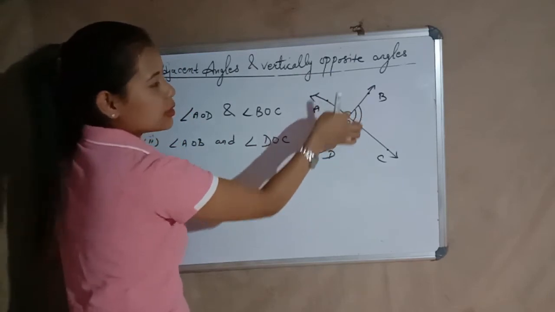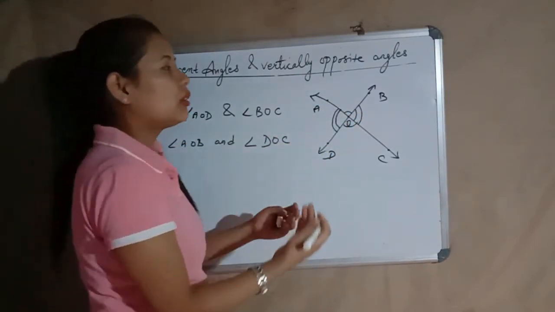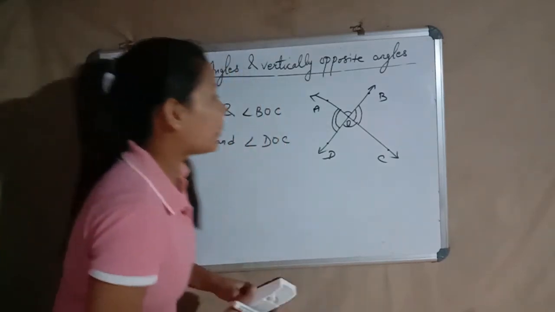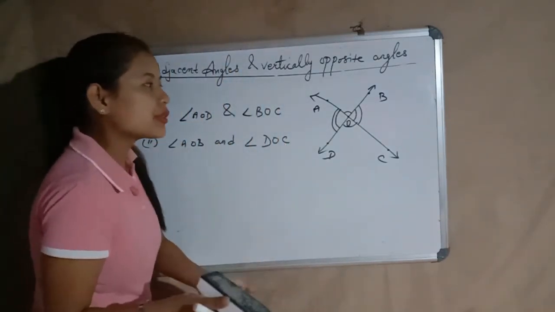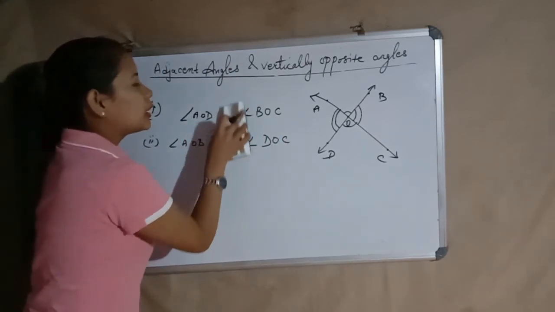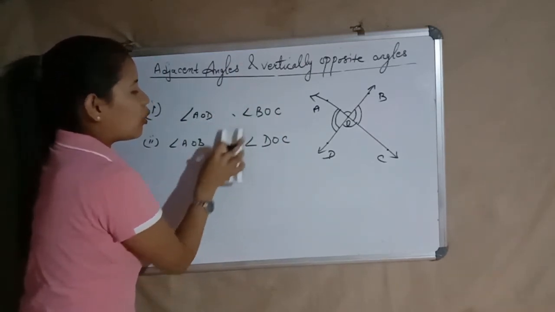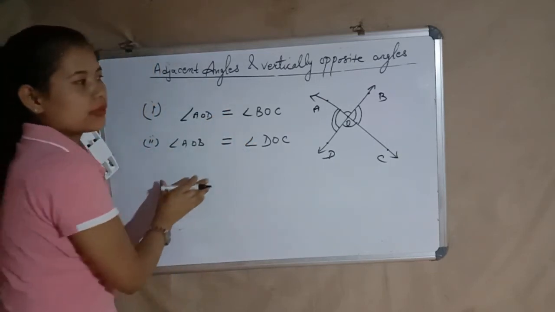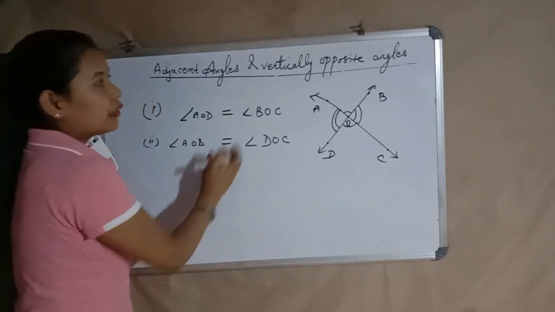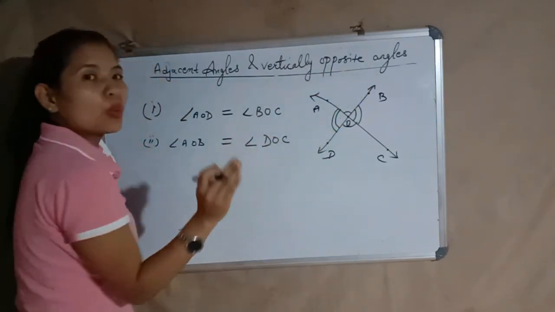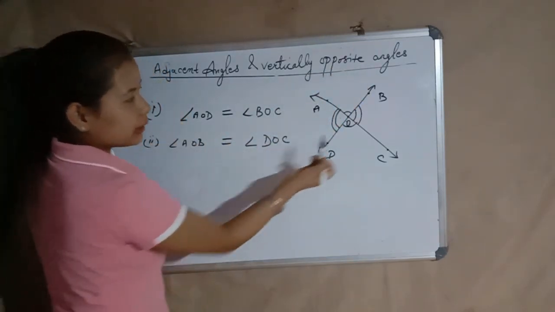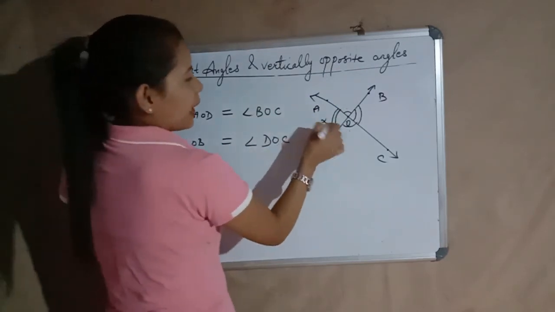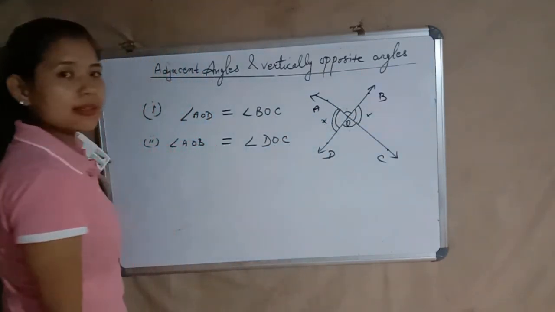Remember one very interesting property: vertically opposite angles are always equal in measure, meaning this angle's measurement is equal to this angle's measurement, and this angle's measurement is equal to this angle's measurement.